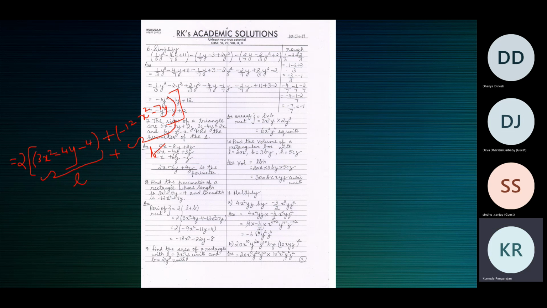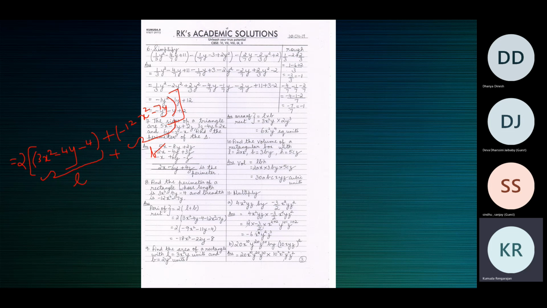But since the bracket here is preceded by a plus sign, the signs inside this bracket will not change. Remember this: whenever you have a bracket with some terms in it and the bracket is preceded by a positive sign, when you open the bracket there will be no change in the signs, because when you multiply anything by a positive sign, it remains the same.